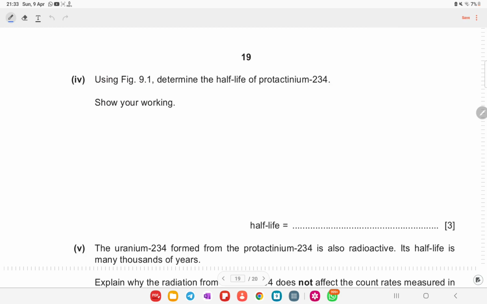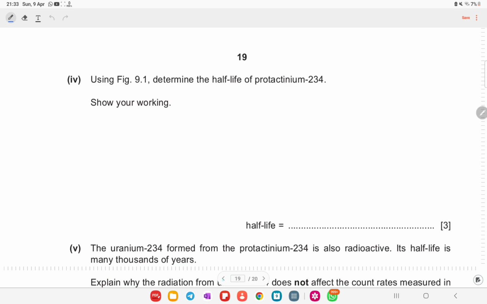Use figure 9.1 to determine the half-life of protactinium 234. Show your working. Now what you have to do is find out the half-life of this. I have done the working over there. 58 divided by 2 is going to be 29, and on the x-axis if you follow this, it is going to be 29.